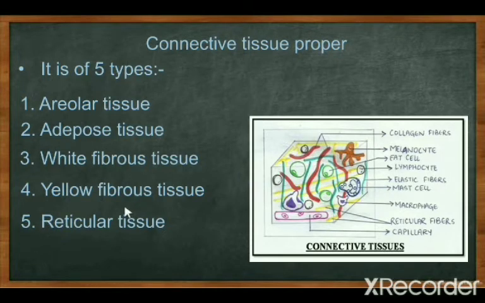Reticular tissue, the cell is star shaped. Totally star shaped. It is present in the spleen. It means after the death of blood cells, they are converted into spleen. So reticular tissue is present in spleen, lymph node and tonsils.